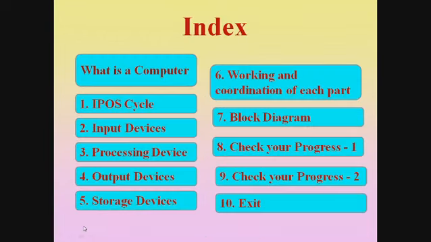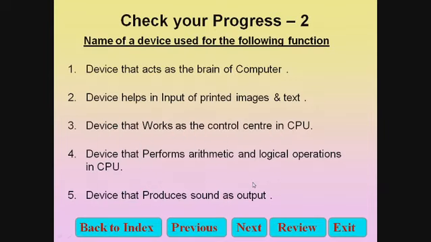Now again back to index and check your progress 2. Here you have to name the device for the following functions. Device that acts as the brain of computer. It's CPU. Device that helps in input of printed images and text. It's scanner. Device that works as the control center in CPU.